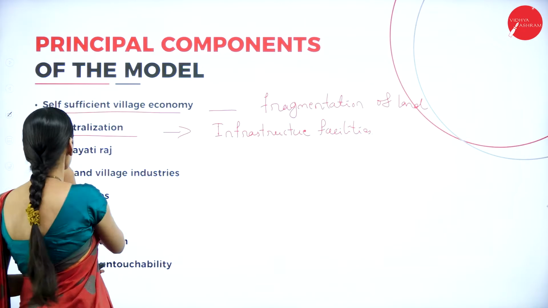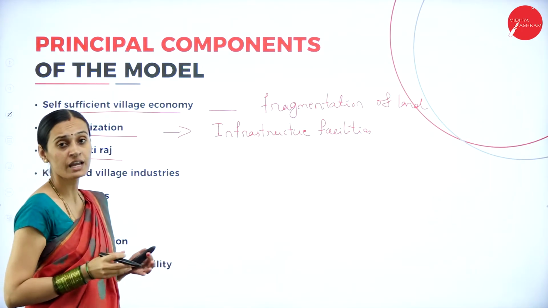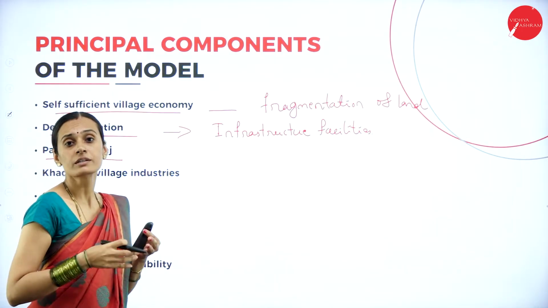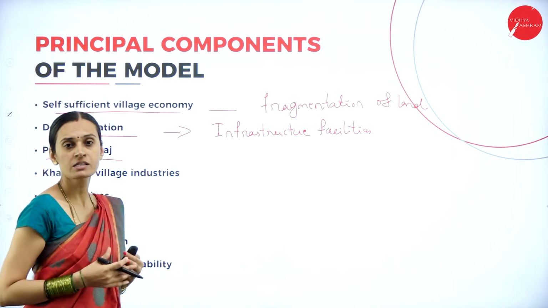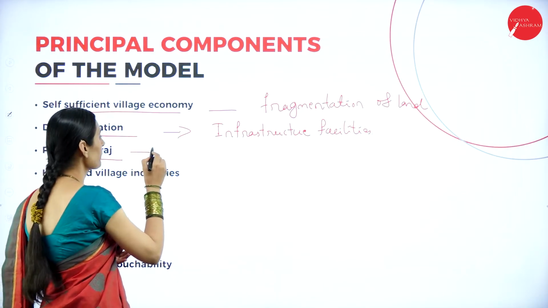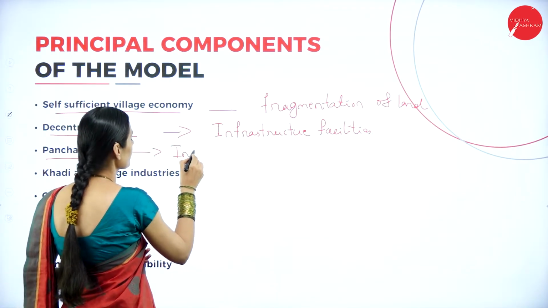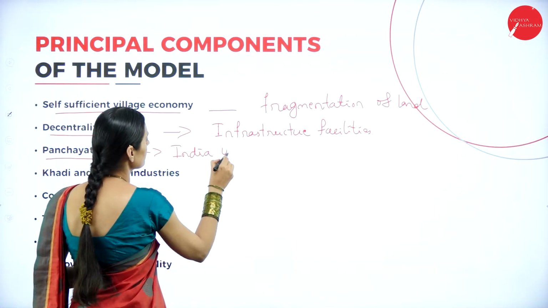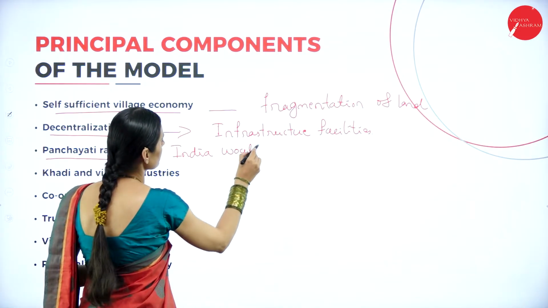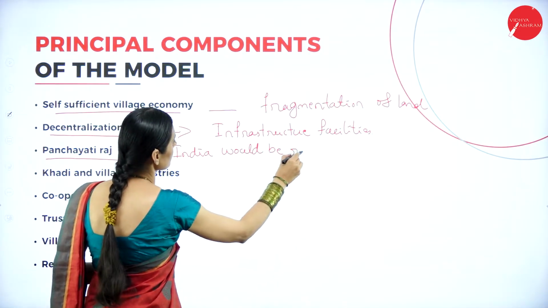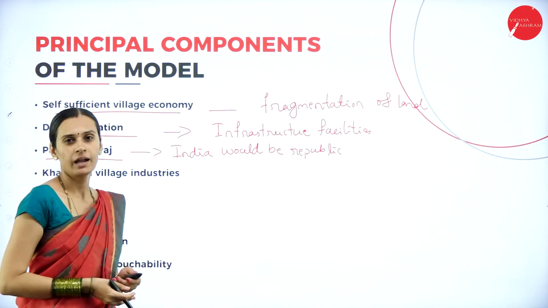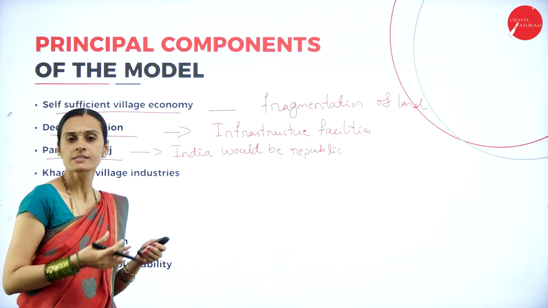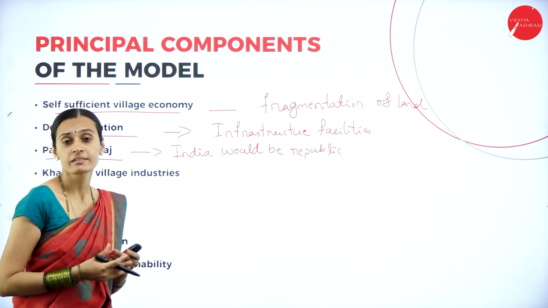Yes, next is Panchayati Raj. As I already told, it is done through decentralization of power. According to the Panchayati Raj system, India would be a republic. And the thought about simple living and high thinking.